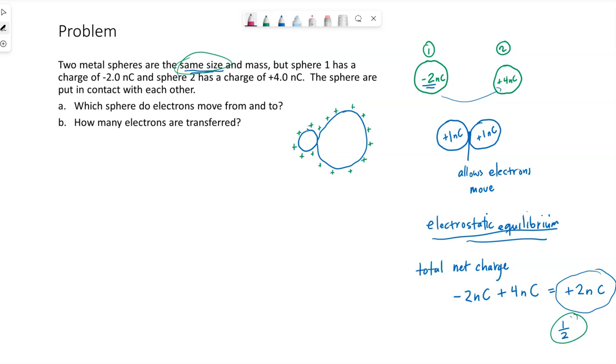All right, so A, the electrons move from wherever the charge is most negative, so they move from sphere 1 to sphere 2. The electrons are going from negative to positive.